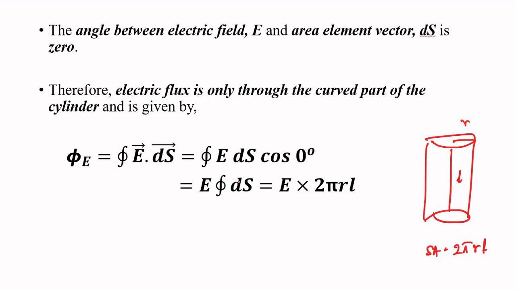So for the cylindrical section, the electric flux is equal to E into 2 pi rL.